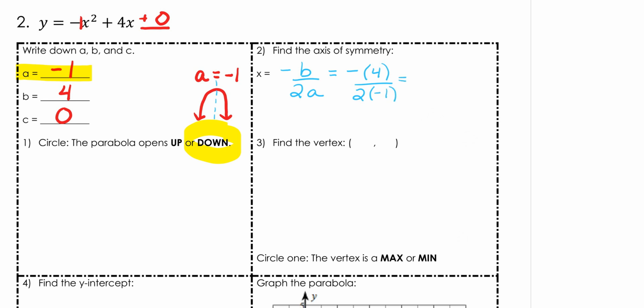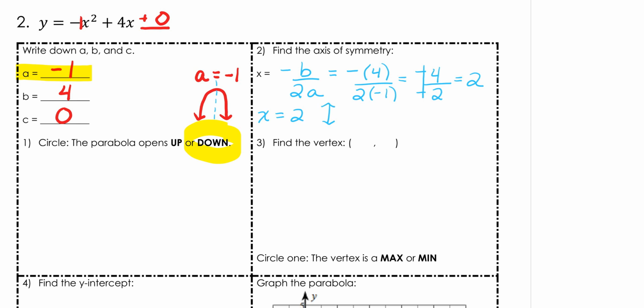Let's simplify. Negative 4 over 2 times negative 1, which is negative 2. The two negatives are going to become a positive. 4 divided by 2 is 2. So our equation is x equals 2 for this vertical line.